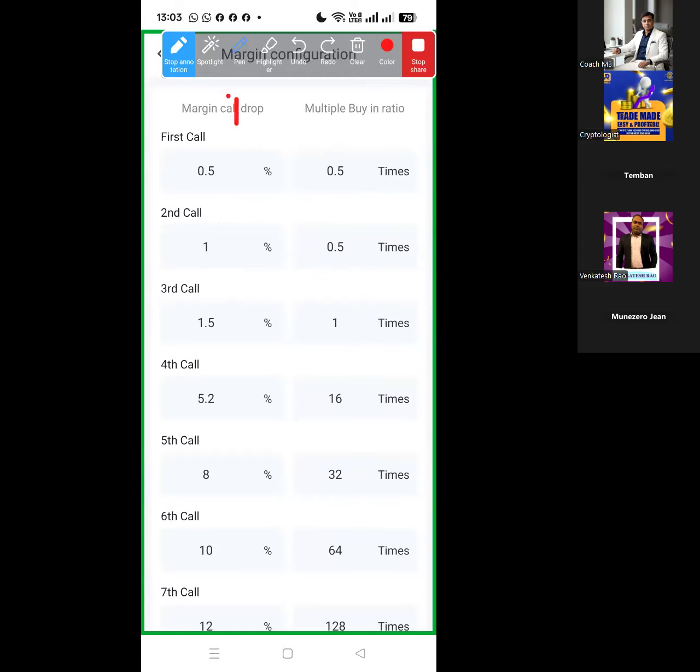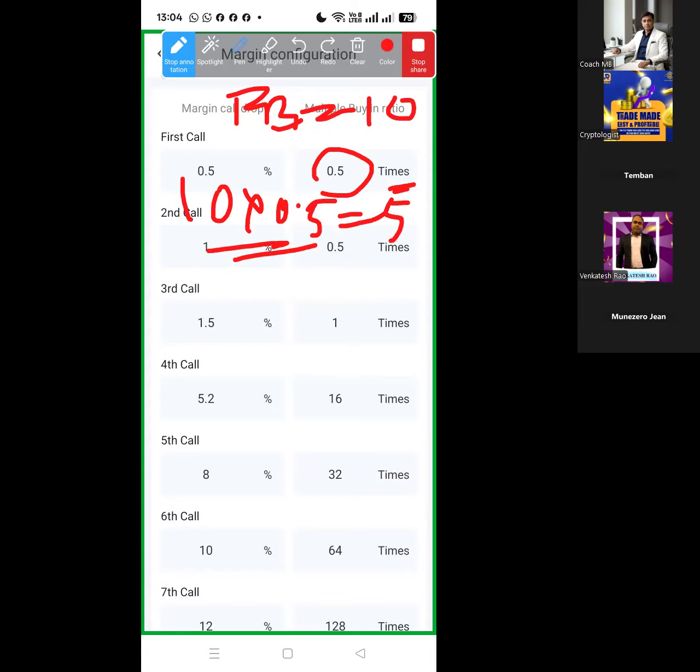So suppose I have a first buy of $10, for example. If I want to buy 0.5 times of what I bought in the first buy, how much capital will it use here? It will multiply the 10 with the 0.5, that comes to $5 only, right?